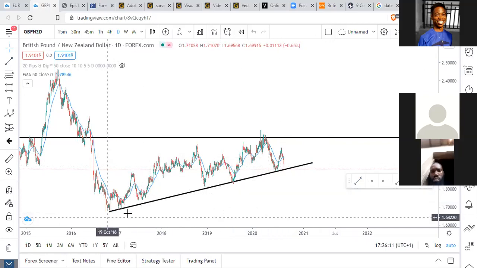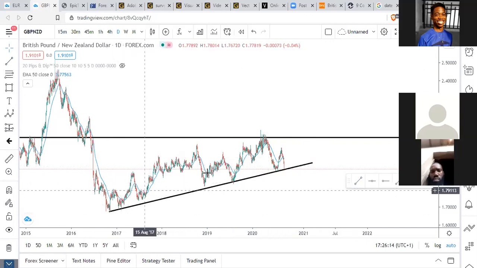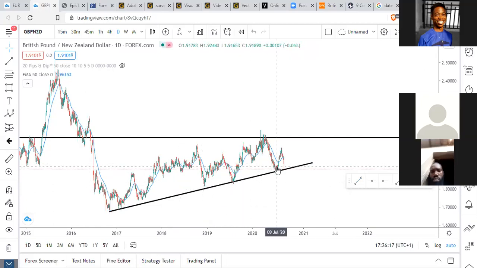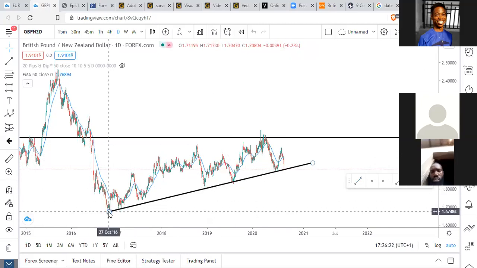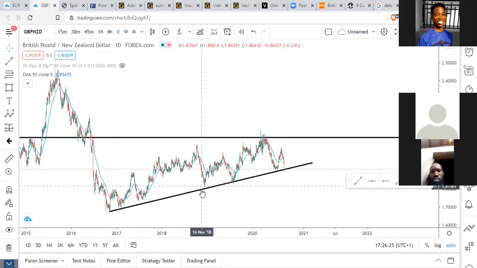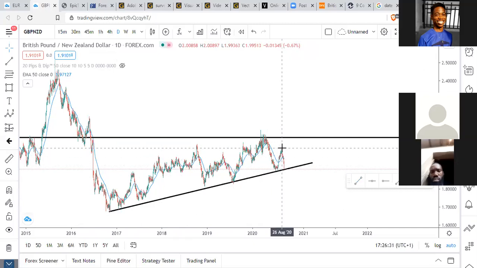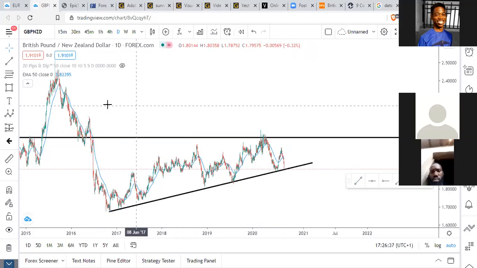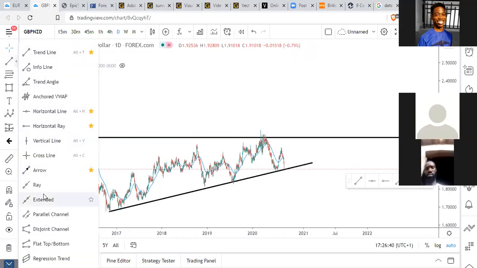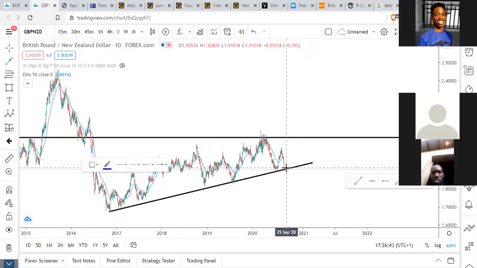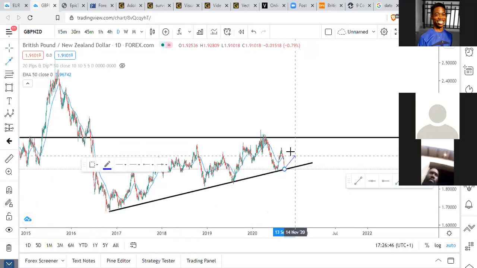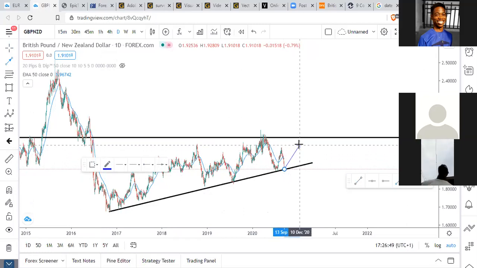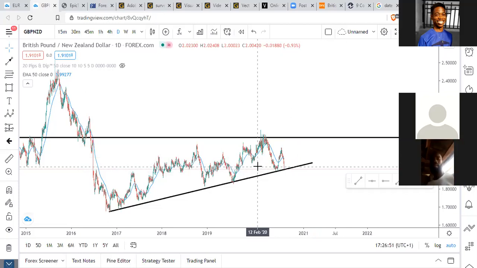You can see how sweet it is: one, two, three, four, five touches, and whenever price touched there, it bounced up. Now price has come here again. What am I going to expect? A bounce up, definitely, from here to somewhere, maybe here or any other place. That's what I'm expecting.